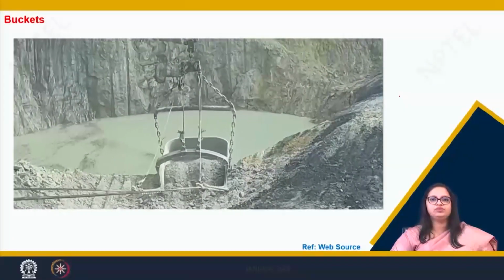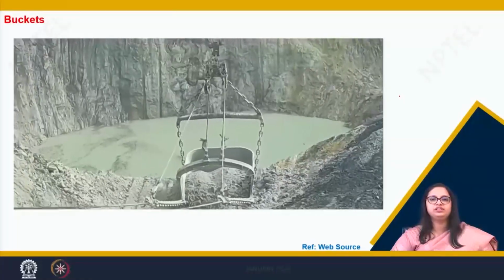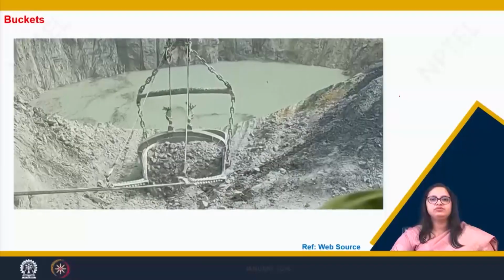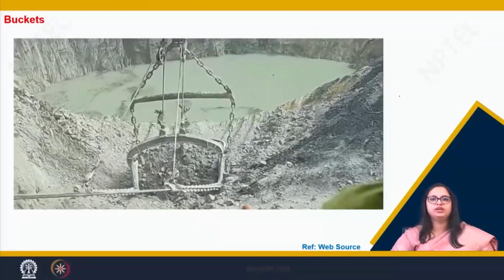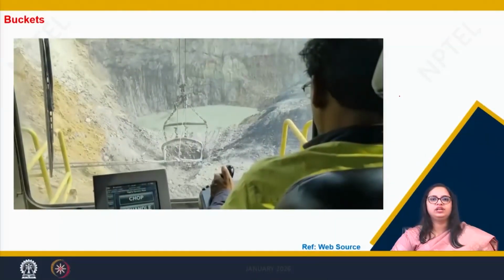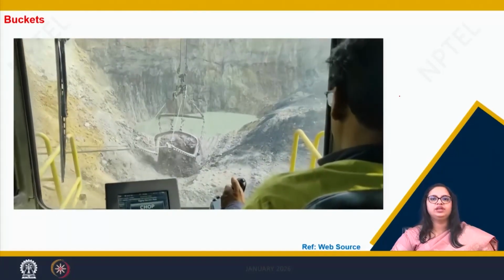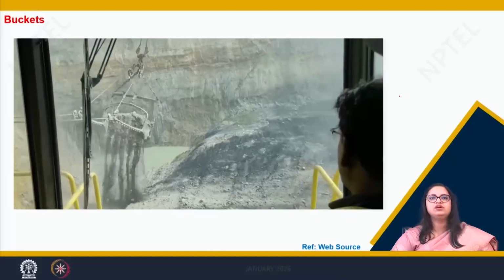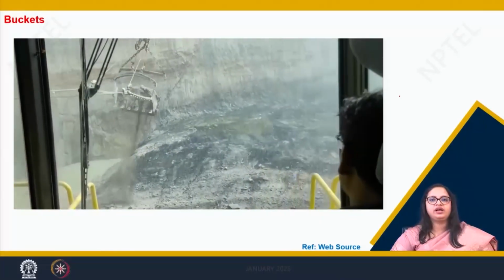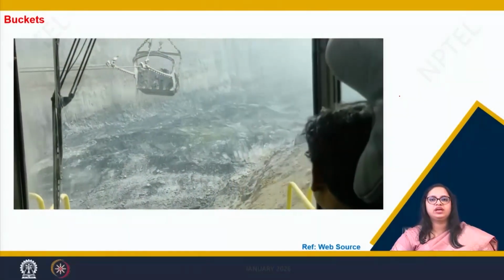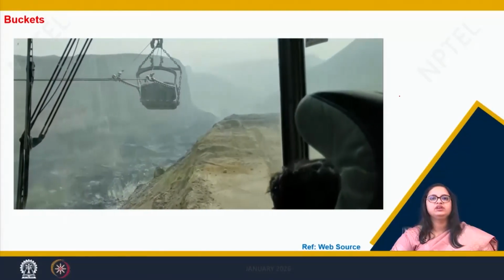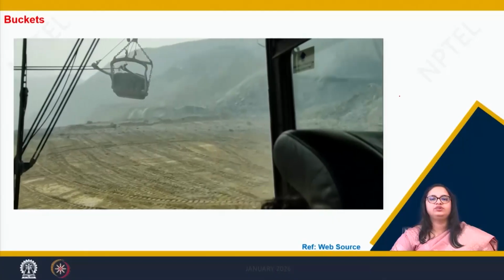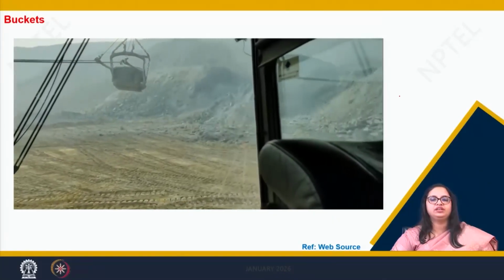Now, the drag rope is in operation, which is pulling the bucket towards itself, which fills up the bucket to a certain level. Now, with the help of the joystick, you can see the operator is balancing the hoist rope and drag rope, and now the dragline is again swinging to the designated place where it would be dumping the material.